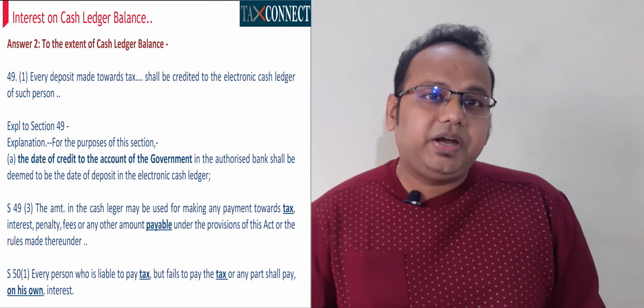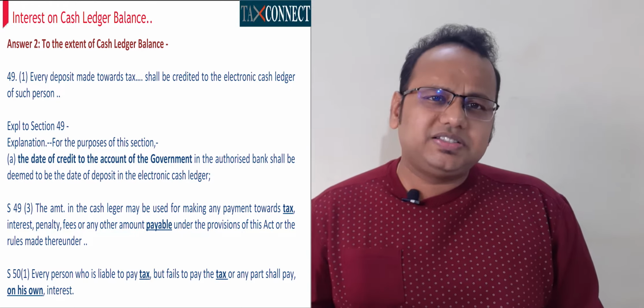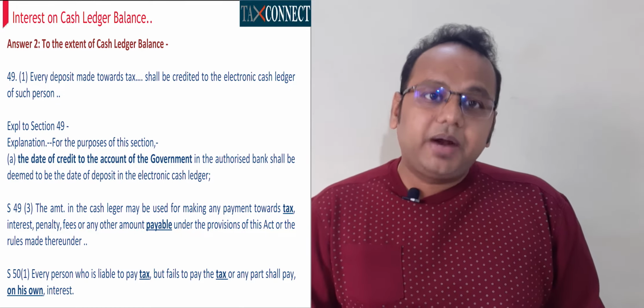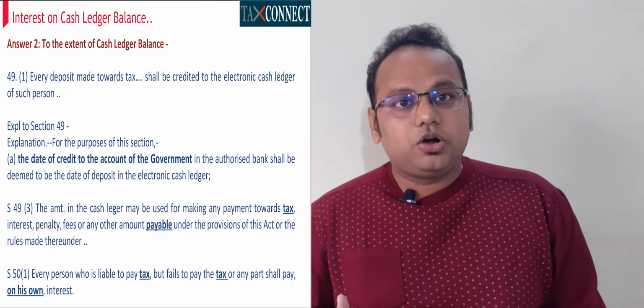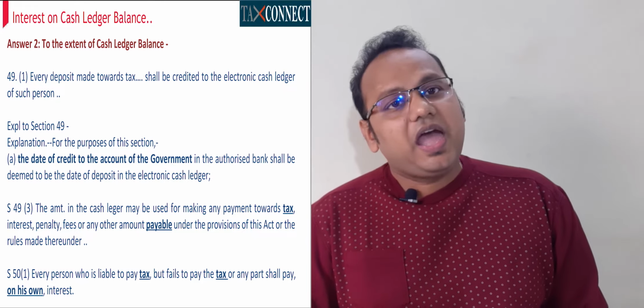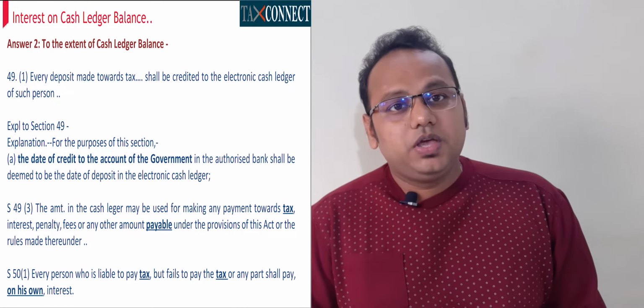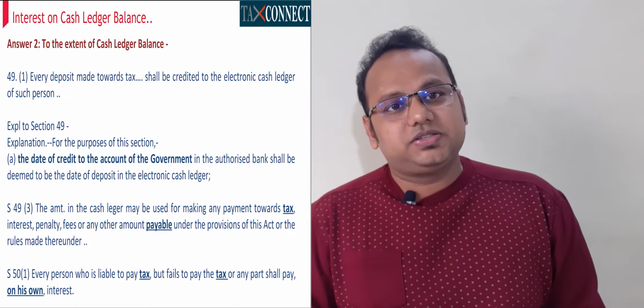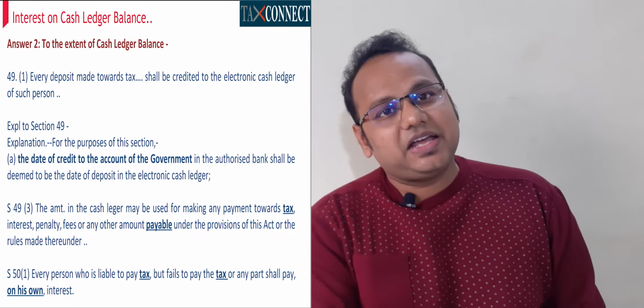The 3B was submitted in 2017, I think September, but it could not be filed because the amount which was inserted was wrong, and it could not be filed at all because of certain technical glitches, although the amount was available in the cash ledger.